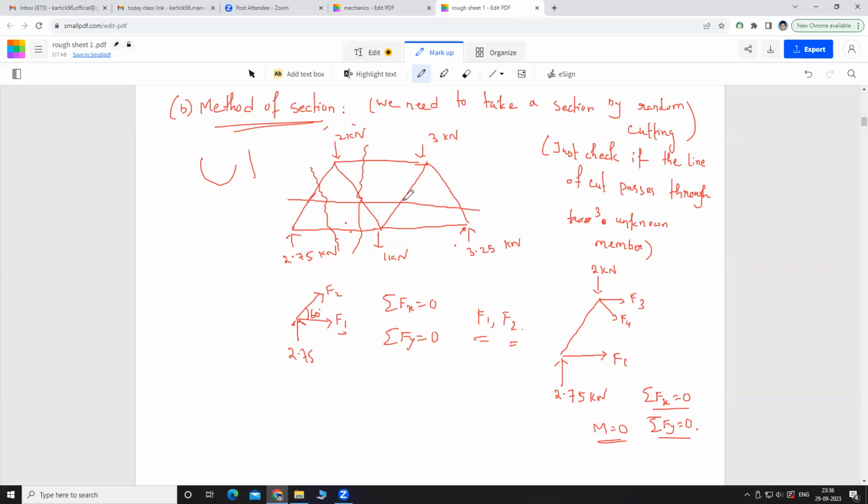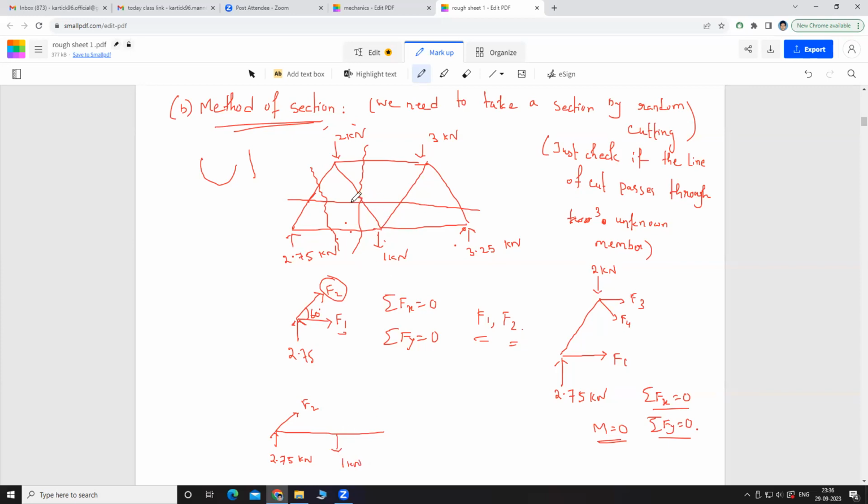So if you take the lower one, here you have 2.75 kilonewton force. That is F2 that we have already found out, right? Now at point E, here we have 1 kilonewton force downward.